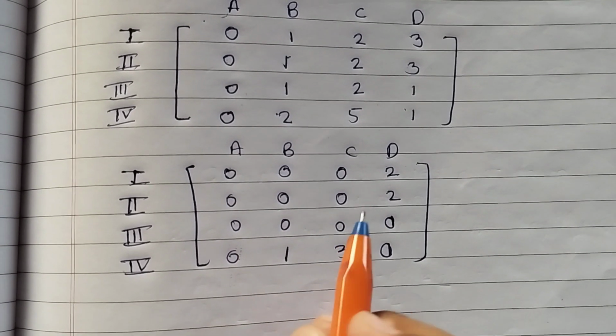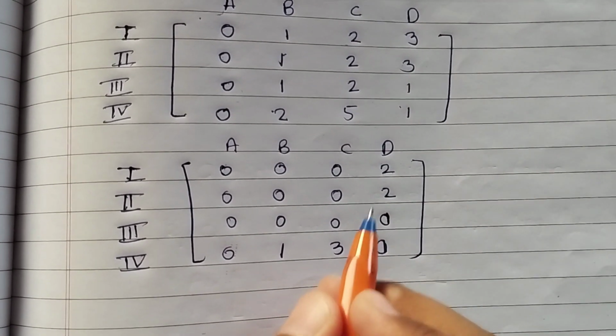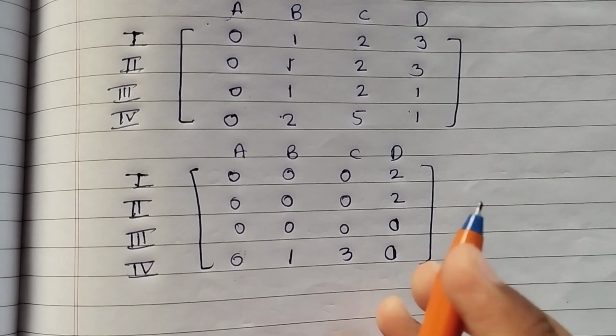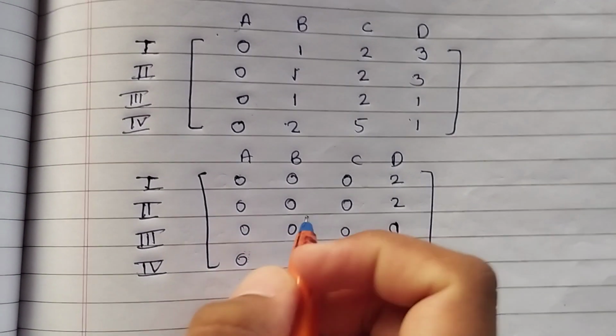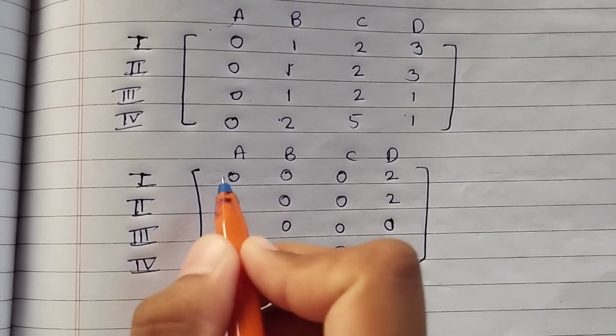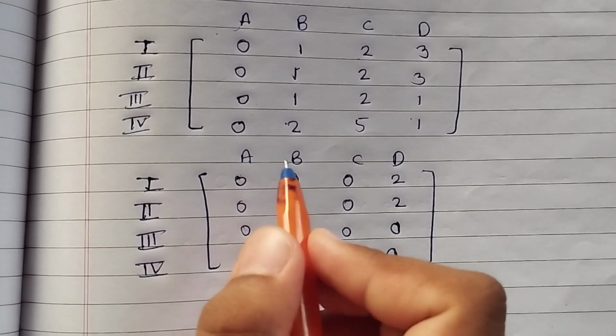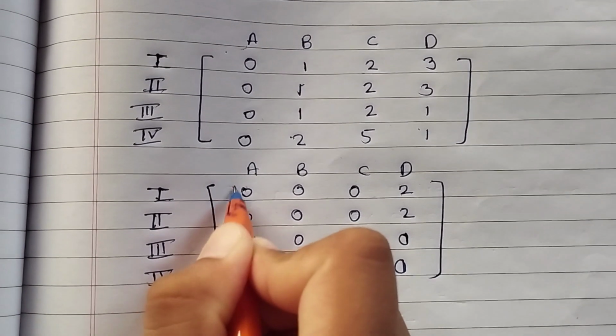If so, then assign this 0 as an assignment and cross the respective zeros. So for this example we start from any 0 because no single row or single column has a single 0.